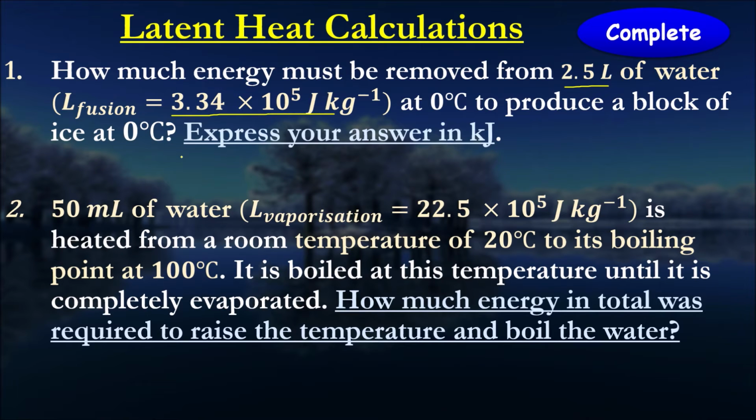Okay, so this one is just a simple substitution. We're using 2.5 kilograms. We're using 3.34 times 10 to the 5 joules per kilogram. So plug that into the calculator.